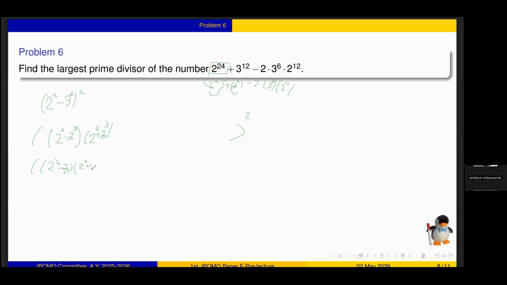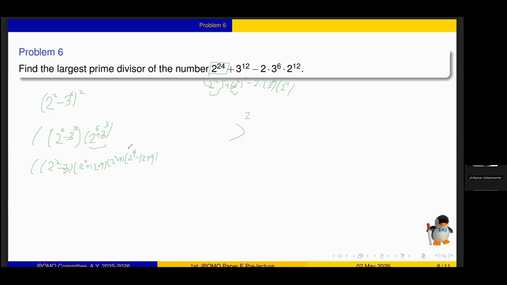Oh, sorry, I forgot to square this. Times, now we have the factorization for the sum of cubes, which is 2 squared plus 3 times 2 to the 4 minus 12 plus 9.